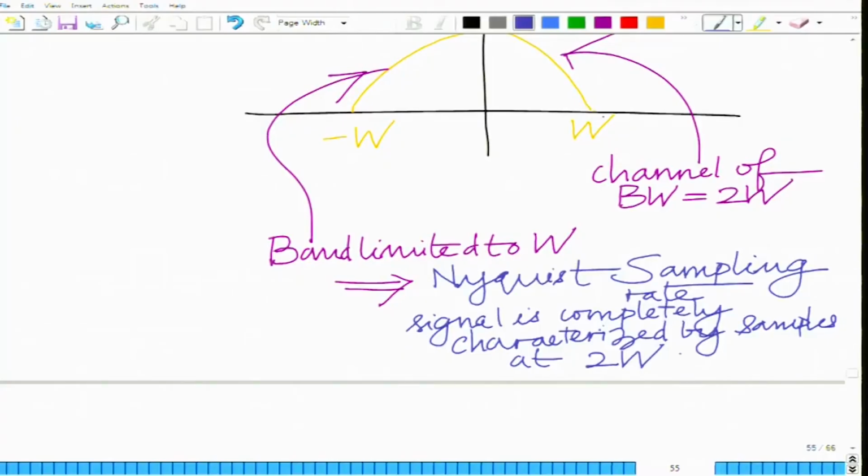These are the maximum number of novel samples, the rate at which I can transmit novel symbols across the channel. And we have seen that per channel use you can transmit half log to the base 2 of 1 plus SNR bits.